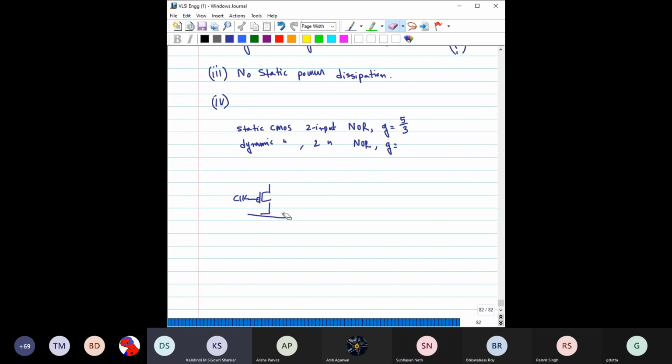Parallel. Oh, we have only two inputs, not three. Okay. Now, can you make a comment? This is basically the two input NOR gate in dynamic CMOS design.